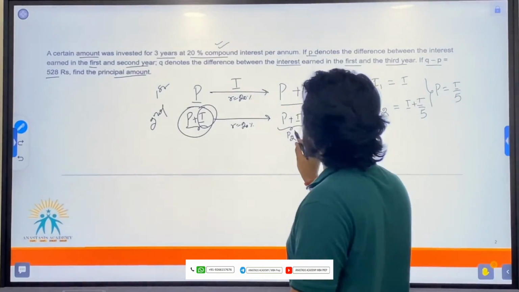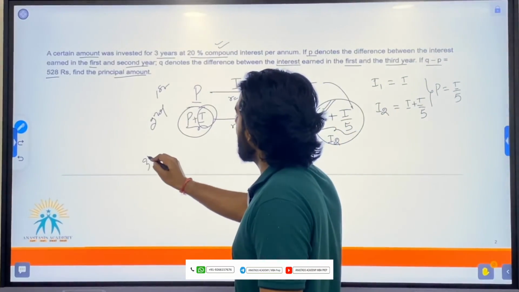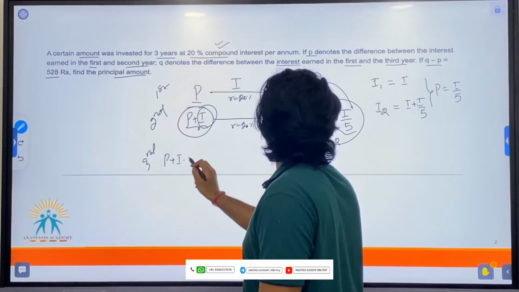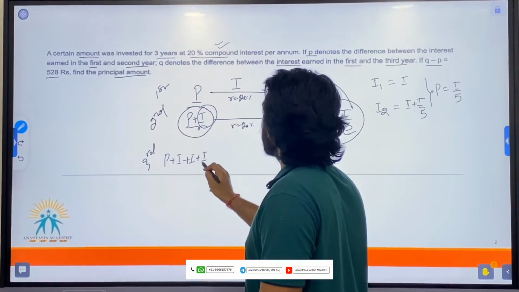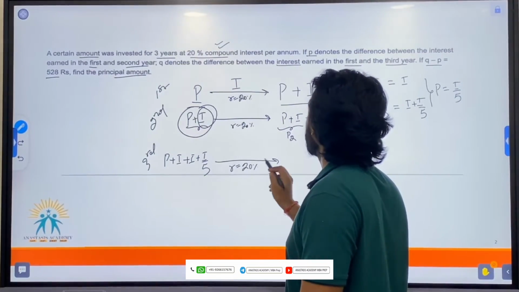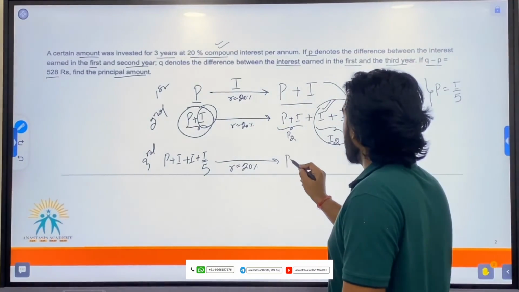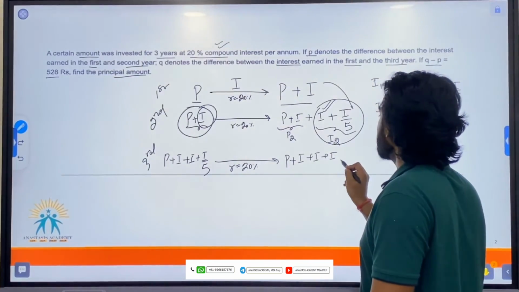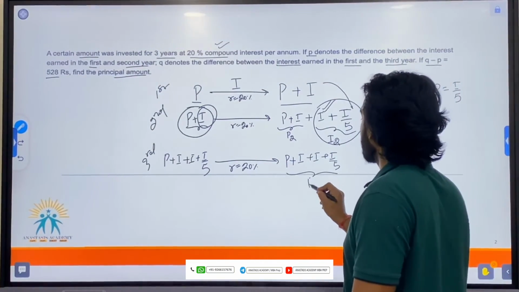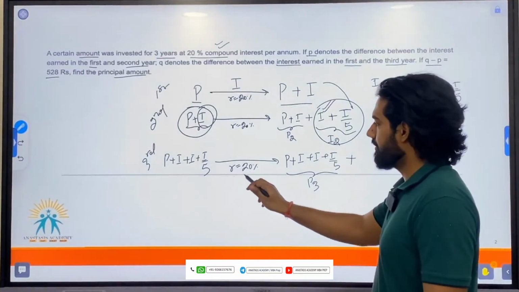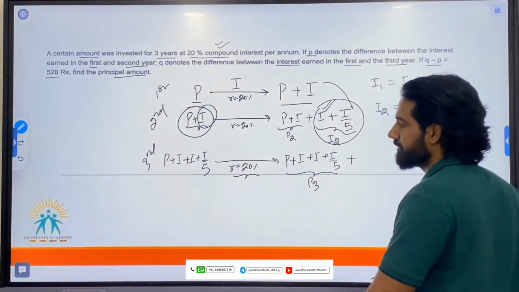Now this principal gets updated for third year, which is P plus I upon 5, and with the same rate of interest, I would get the amount as, this is the principal for third year, right, plus the interest amount with 20% rate of interest.